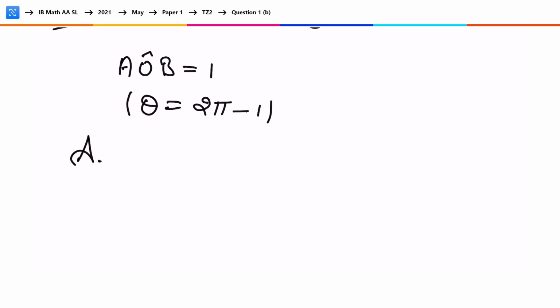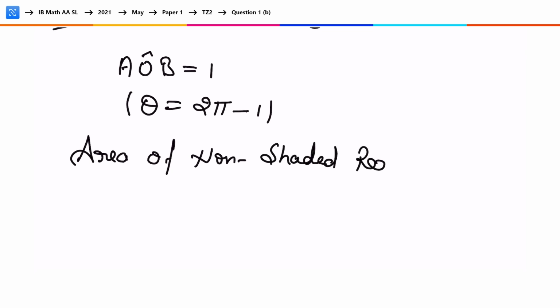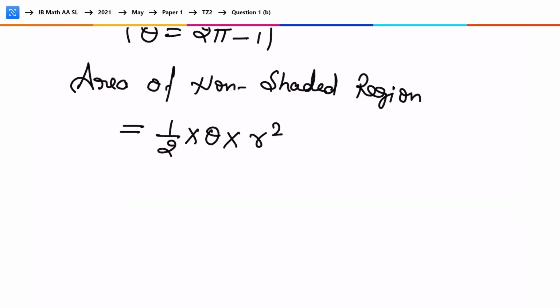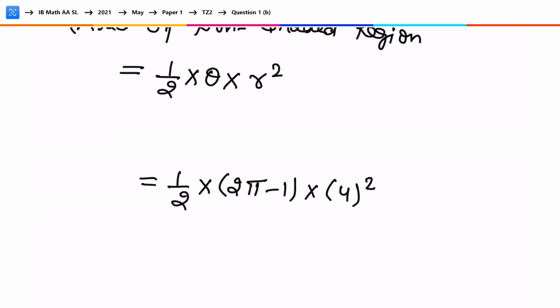The area of the non-shaded region is equal to 1/2 multiplied by theta multiplied by r squared. Substituting the values, we get area equals 1/2 multiplied by (2 pi minus 1) multiplied by the value of r, which is 4 squared.